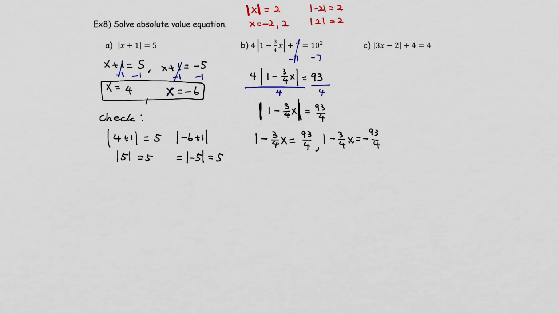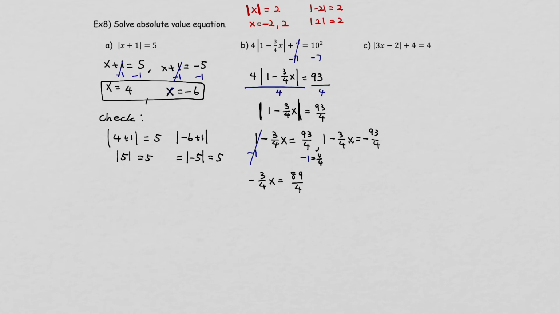If I solve both equations one at a time, I need to subtract 1 first. Then I get negative 3 over 4x equals, 1 becomes 4 over 4, right? 1 is equal to 4 over 4. So you're subtracting 4 out of 93, you get 89 over 4.